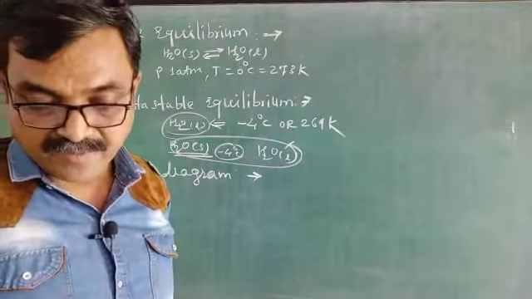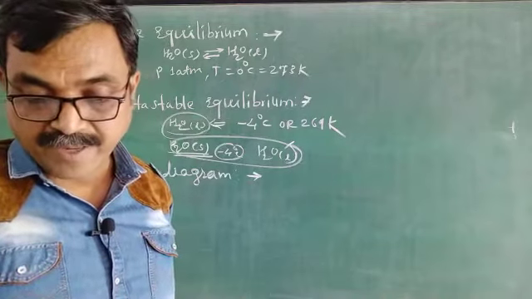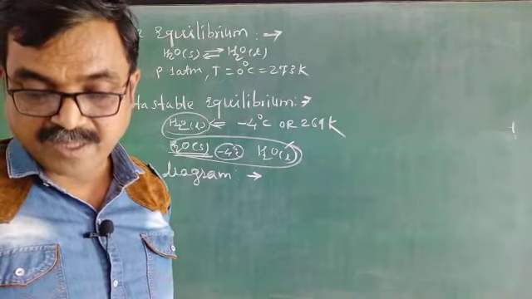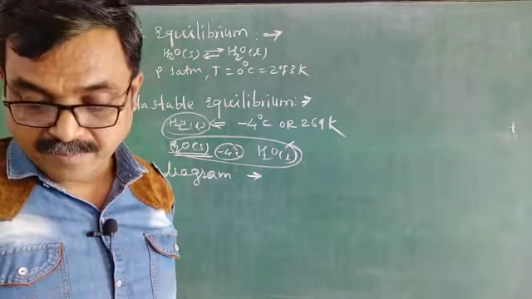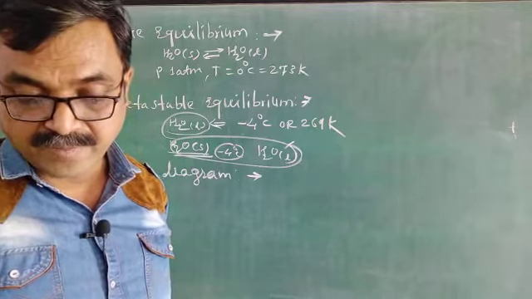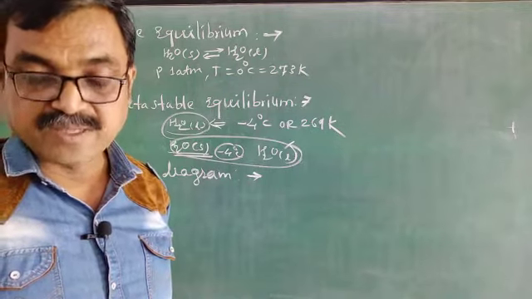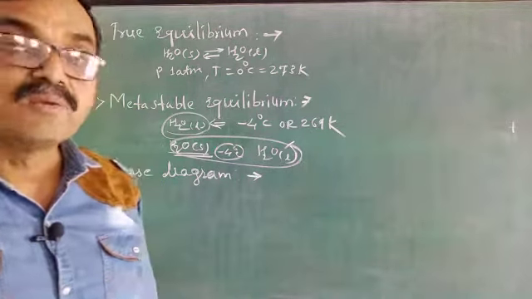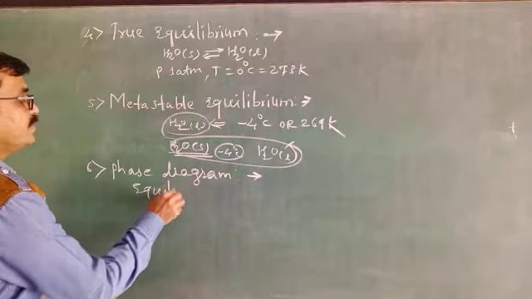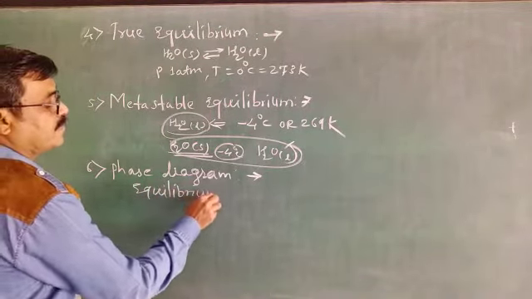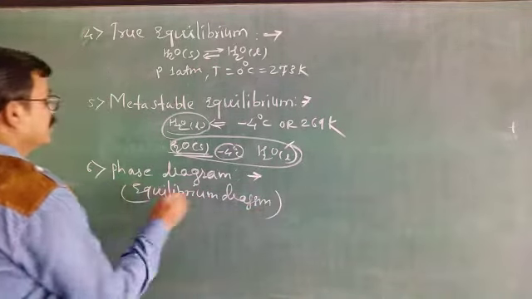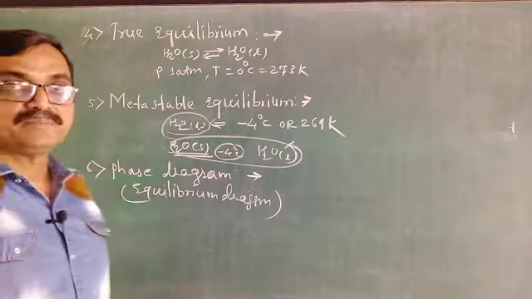The condition of equilibrium of a system, conveniently studied by means of the phase rule using a diagram, is known as a phase diagram or equilibrium diagram. In this way, this is nothing but a phase diagram.